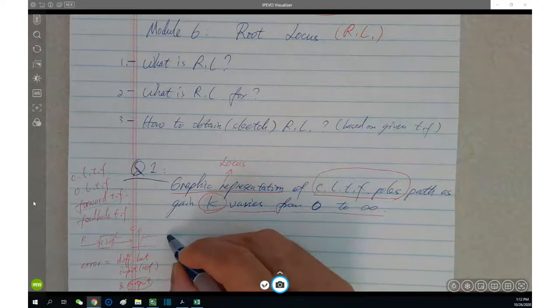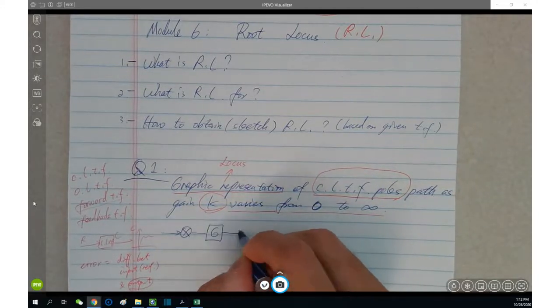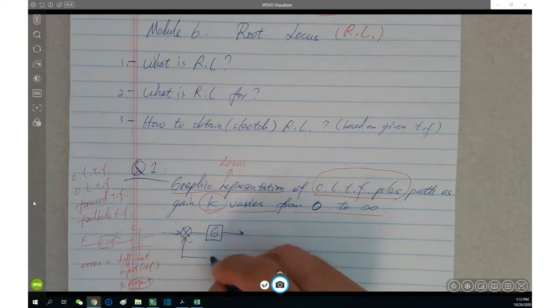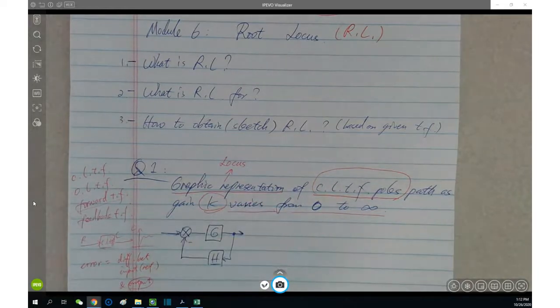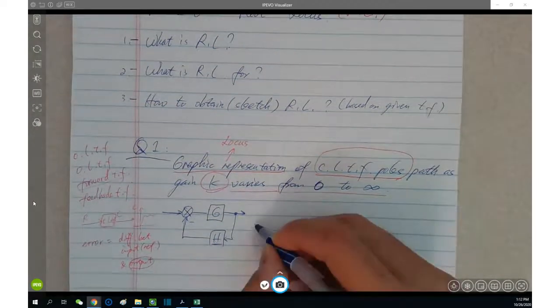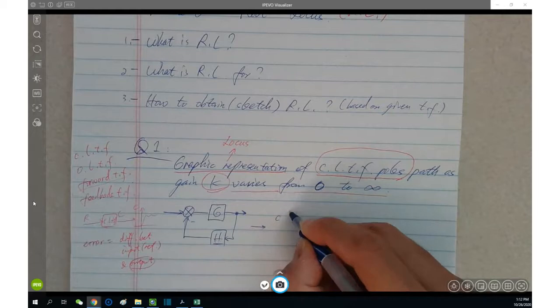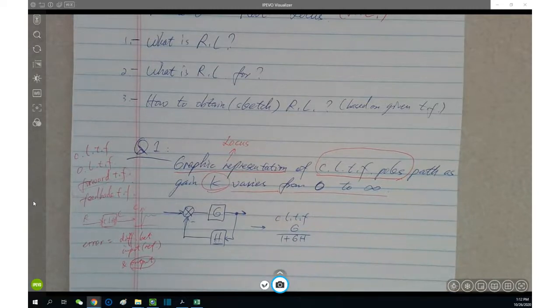For example, let's assume you have a generic transfer function, or say a block diagram like this, right? And then from here, you know the closed loop transfer function is obviously G over 1 plus G times H. Right? This is what we learned from module 2, I think.